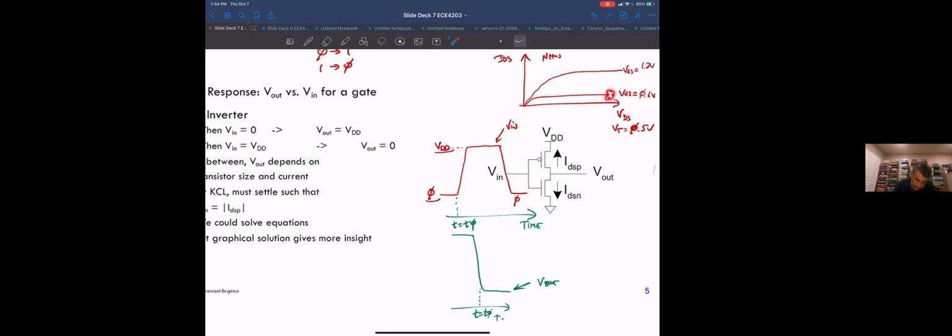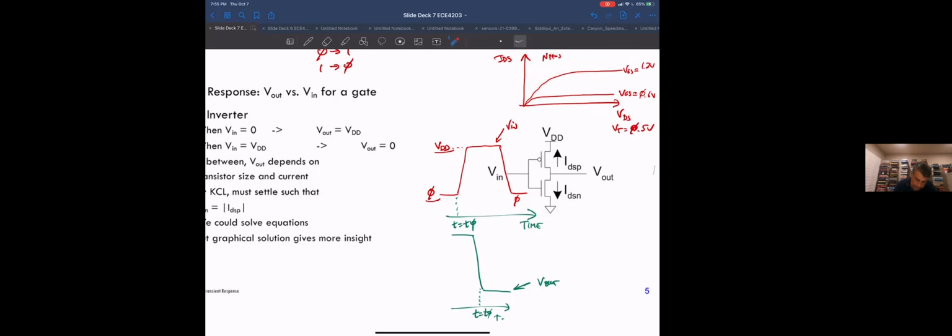Now, as VGS goes up, this NMOS is simultaneously pulling its drain voltage down by discharging this capacitance. So my VDS is going down and I'm moving up in VGS. That means I'm going to start here, then work my way to here, and then to the next graph.